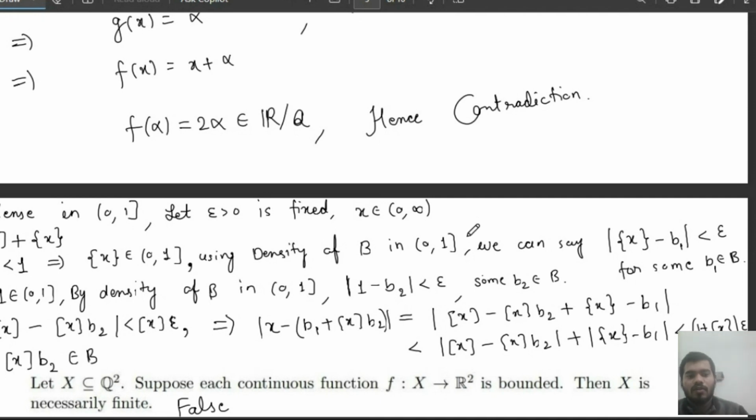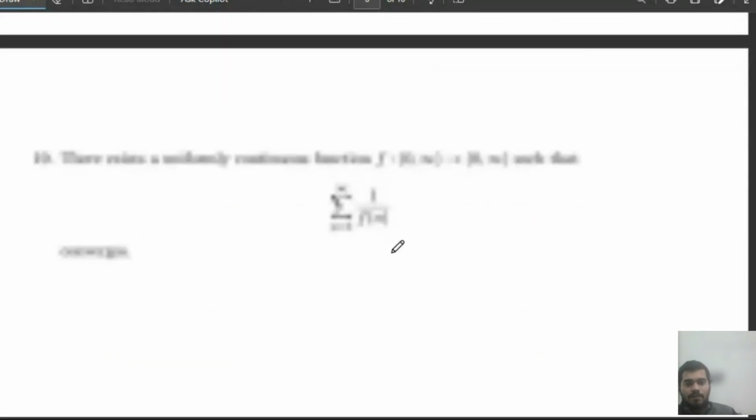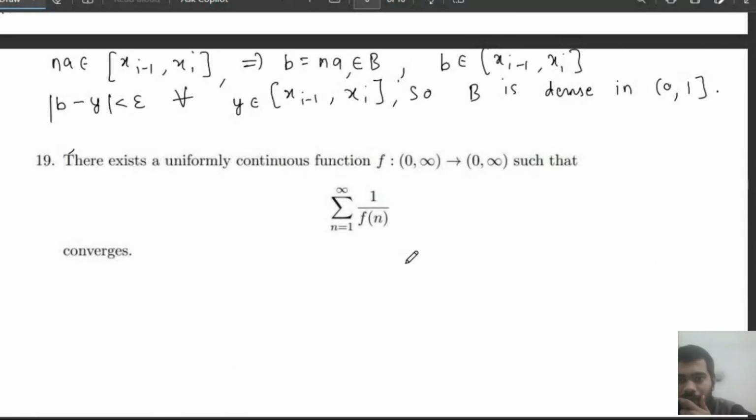Is that fine till now? Yes. Or you can call this b dash, and then you can write this as this. And we are done. I hope it is clear to everybody, right?